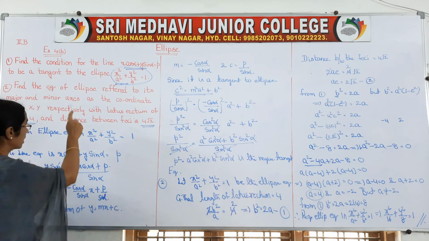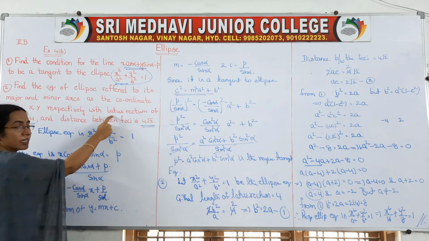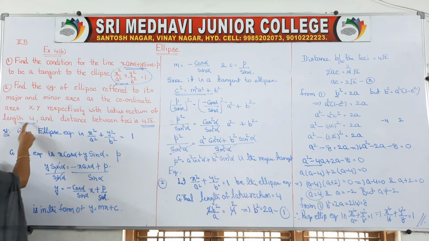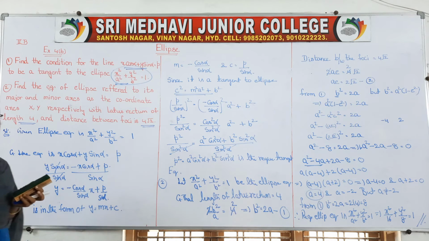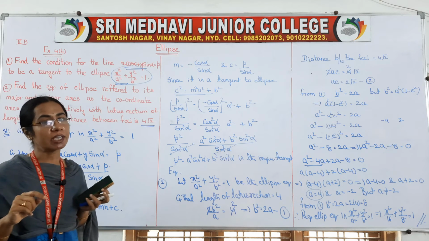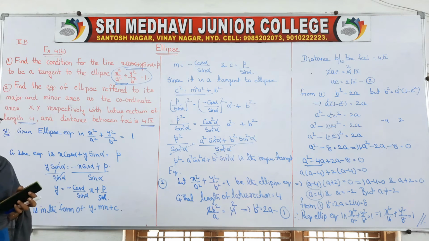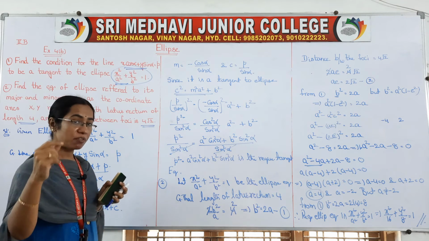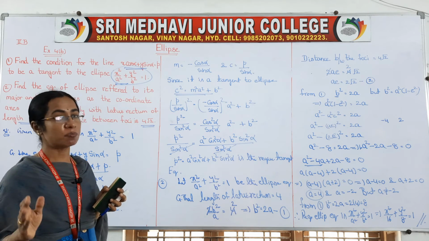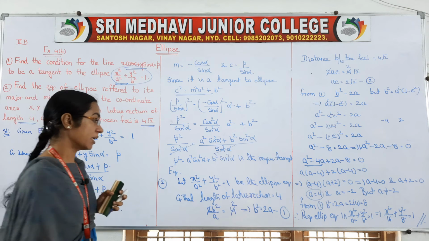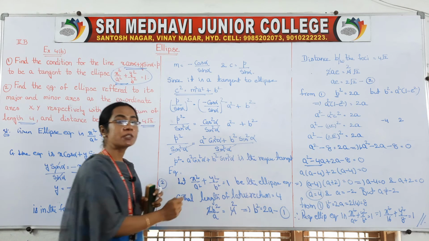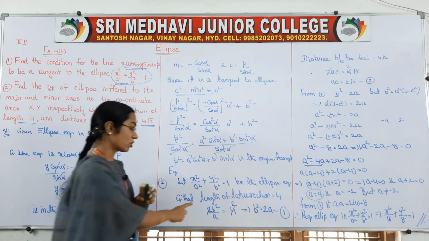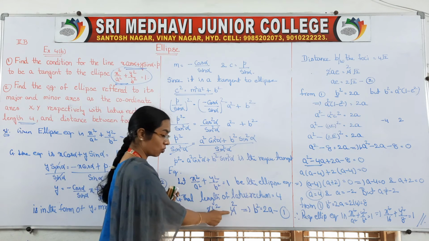One condition is the length of latus rectum is 4, and the distance between foci is given as 4 root 2. So, the length of latus rectum formula, whenever it is a standard ellipse form and a is greater than b, is 2b square by a. 2b square by a is given as 4.